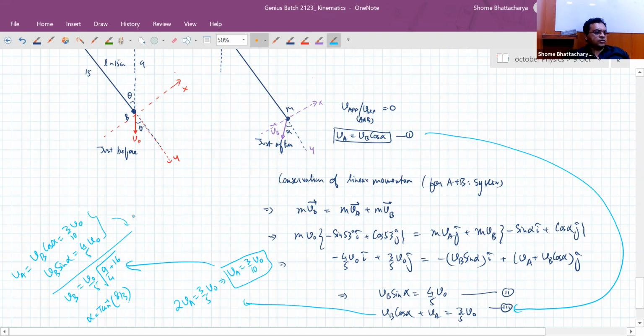So here I'm using the concept that vB square is equal to 3 by 10 v naught whole square plus 4 by 5 v naught whole square. So from that I got this.